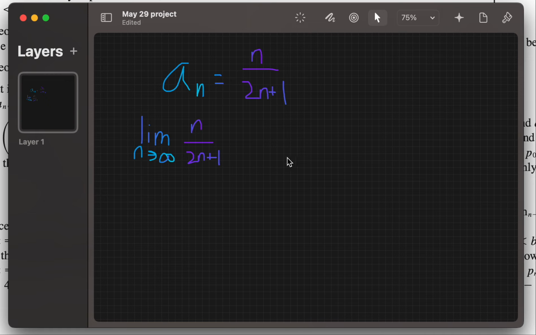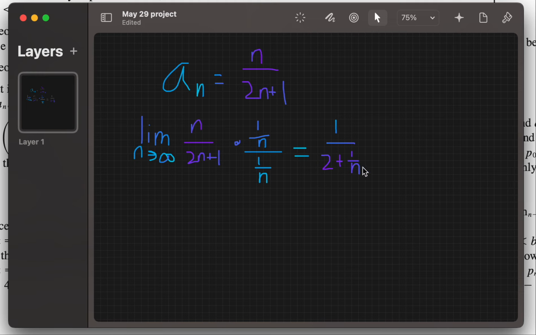So to solve this, you can multiply both the numerator and the denominator by 1 over n. So you'd multiply the numerator by 1 over n and then the denominator by 1 over n. And you can do this because 1 over n divided by 1 over n is 1. So then that would leave you with 1 over 2 plus 1 over n.